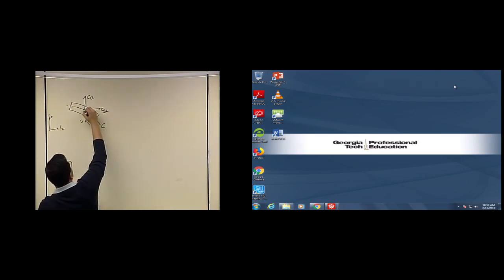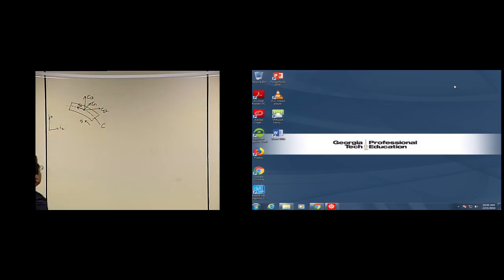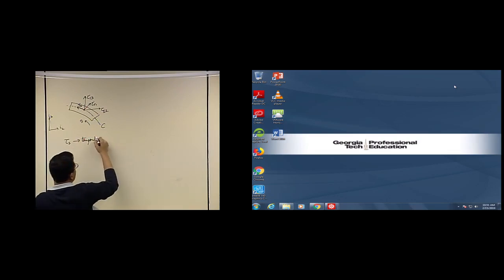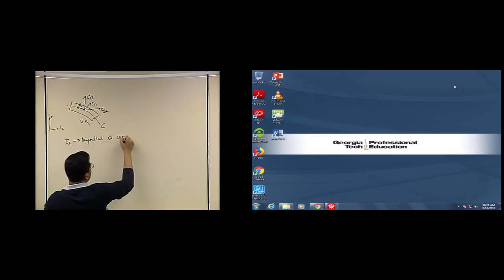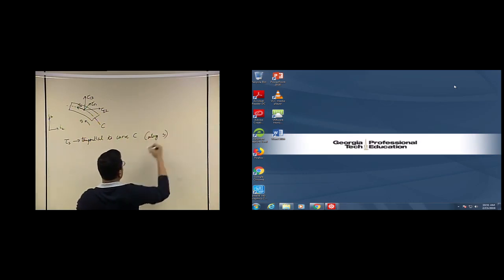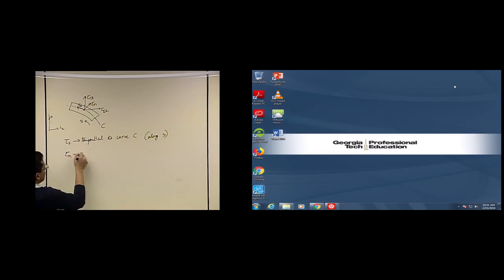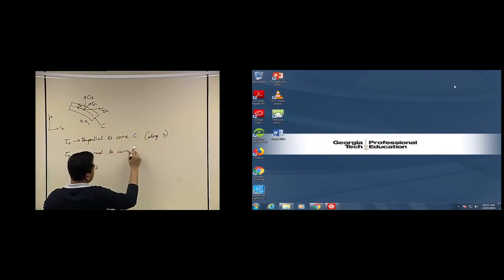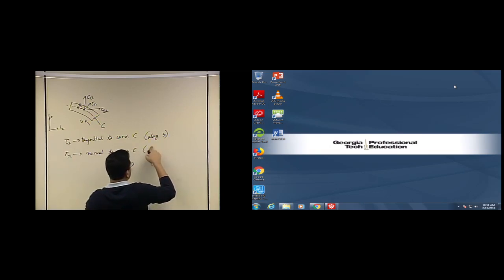We have a shear stress which is normal, and a shear stress along the tangential direction, that's tau S. Tau S is tangential to curve C, or along S, whereas tau N is normal to curve C and perpendicular to S.